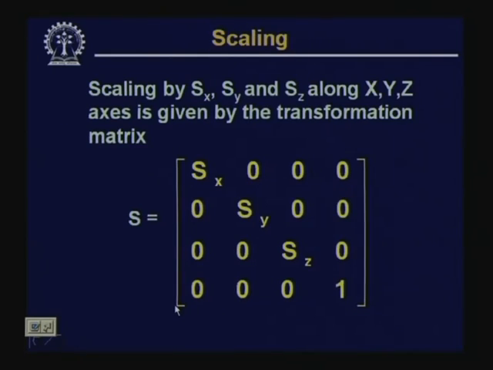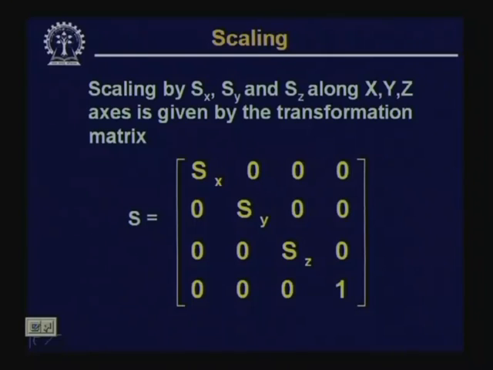Similarly, as we have seen in case of scaling in 2 dimension, suppose we have the scaling factors Sx, Sy and Sz along the directions x, y and z. Along direction x we have the scaling factor Sx, along direction y we have Sy, and along direction z we have Sz.